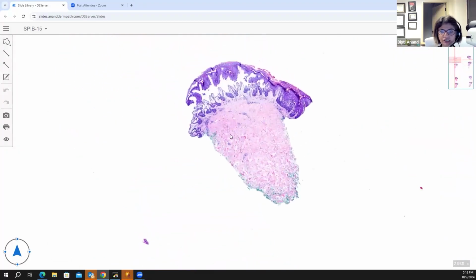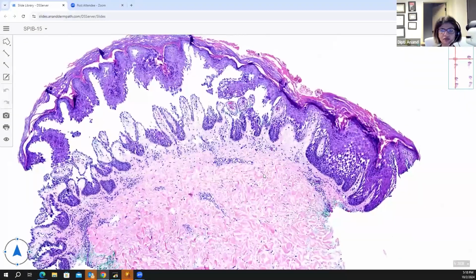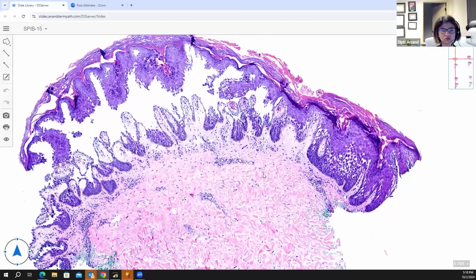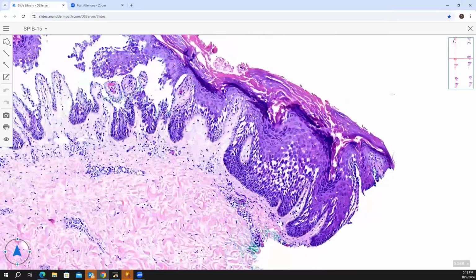This is also very classic for this entity. What's the diagnosis here? Hailey. Yes, can you describe to me why? There's an intraepidermal split with acantholysis and a dilapidated brick wall in the right-hand corner. Yes.